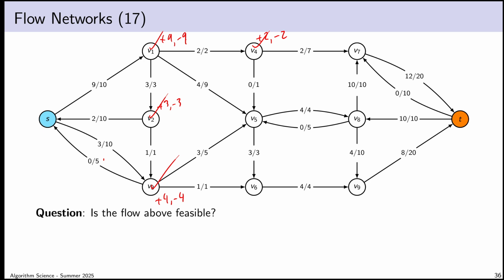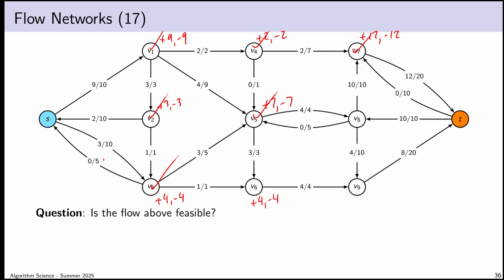V5 seems to have 7 units entering, and I notice that there are 7 units leaving, so everything looks good at V5. At V6, I have 4 units entering and 4 units leaving, so at V6, everything looks good. I think we're more than halfway there. At V7, I can see 2 plus 10 is 12 units entering and 12 units leaving along that edge there.